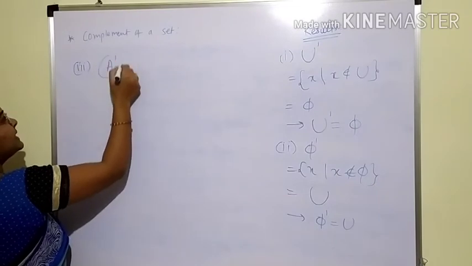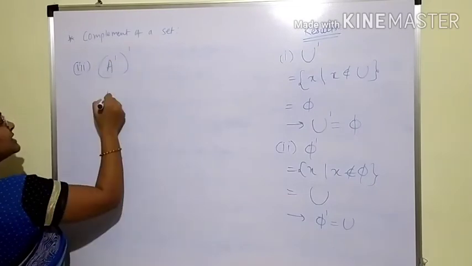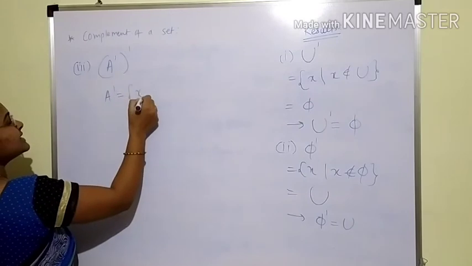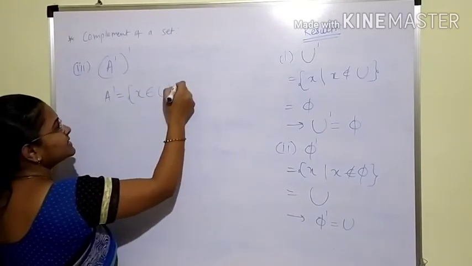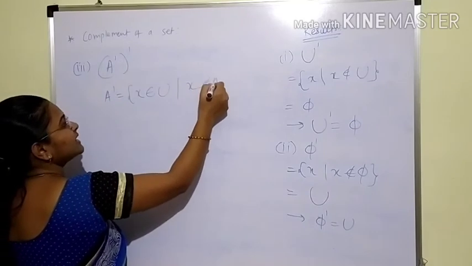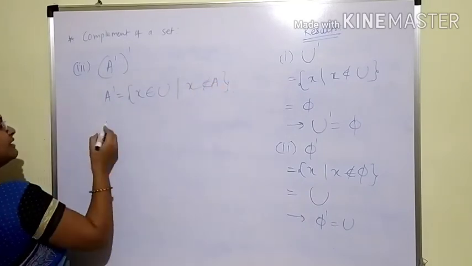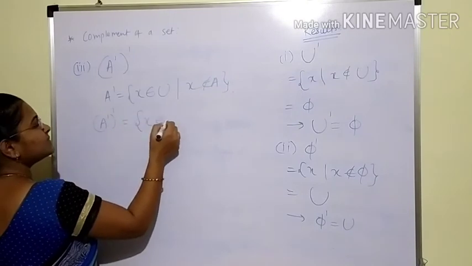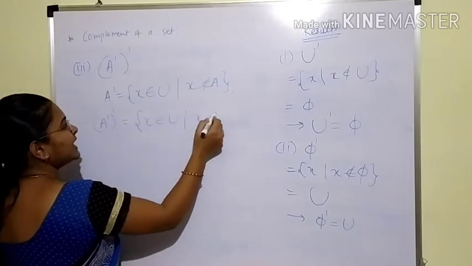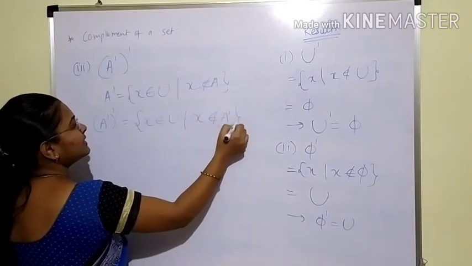A complement is the set of x from the universal set which are not in A. For its complement, we use the same definition: the set of x belonging to U such that x does not belong to A complement.